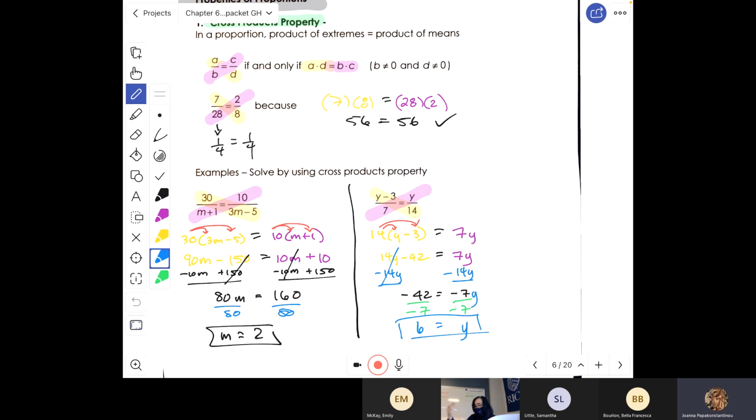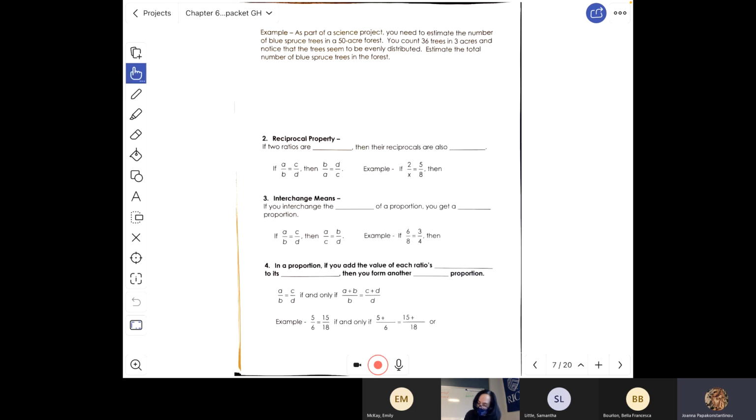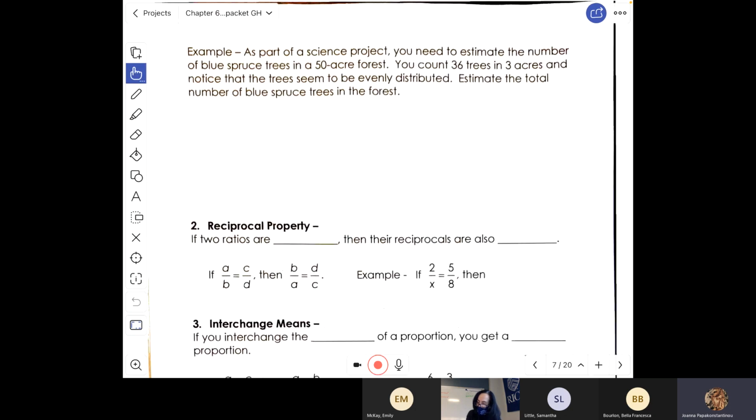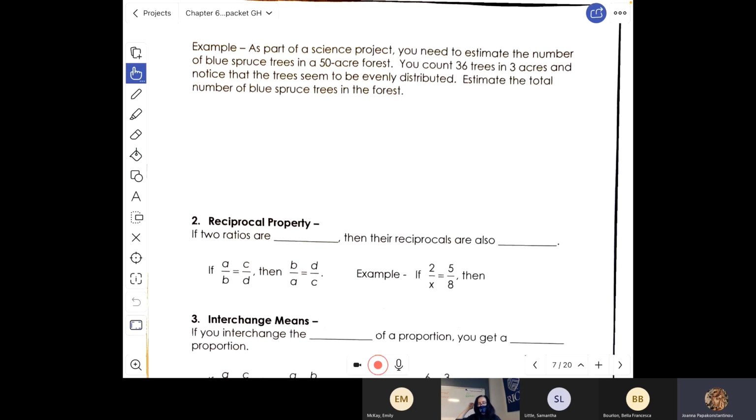And again, down the road, you're going to want to check to make sure your answers are correct. But maybe you have faith in yourself at this moment with your arithmetic. All right, let's look at some more examples. As part of word problems, as part of a science project, you need to estimate the number of blue spruce trees.